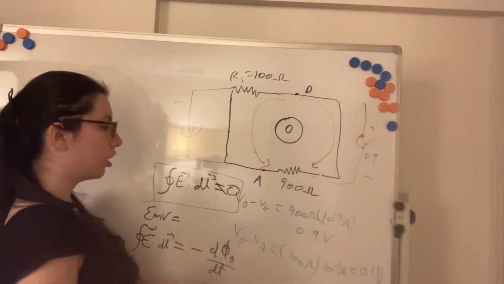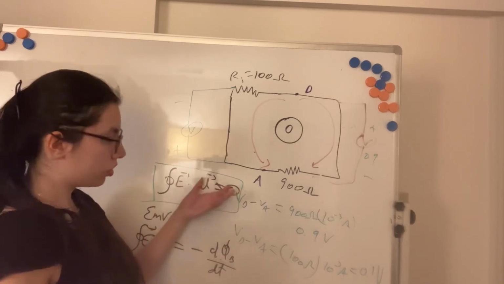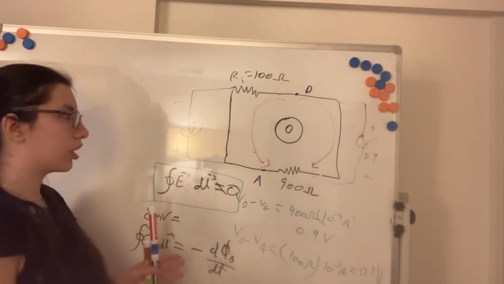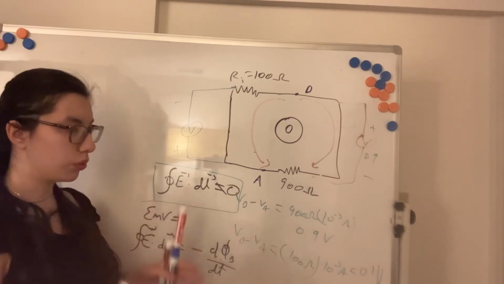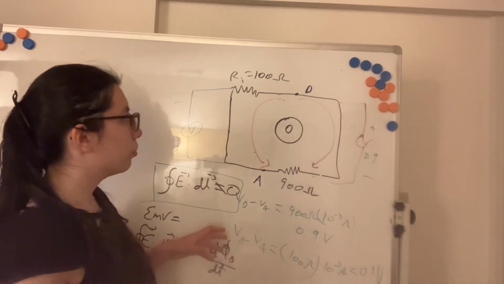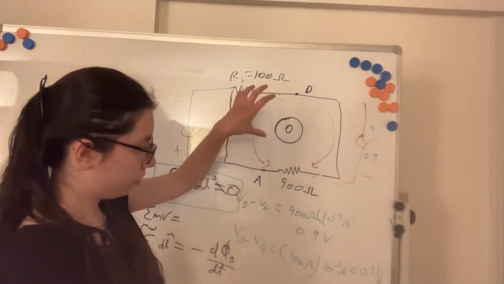We want to know the correct equation, the correct concept. So we know that Faraday's law always holds, and Kirchhoff's loop rule does not always hold. It is just a particular case. So this is what the inductor does.